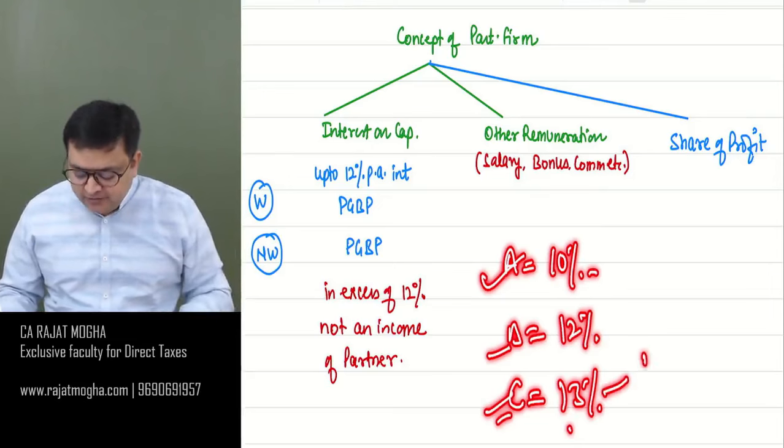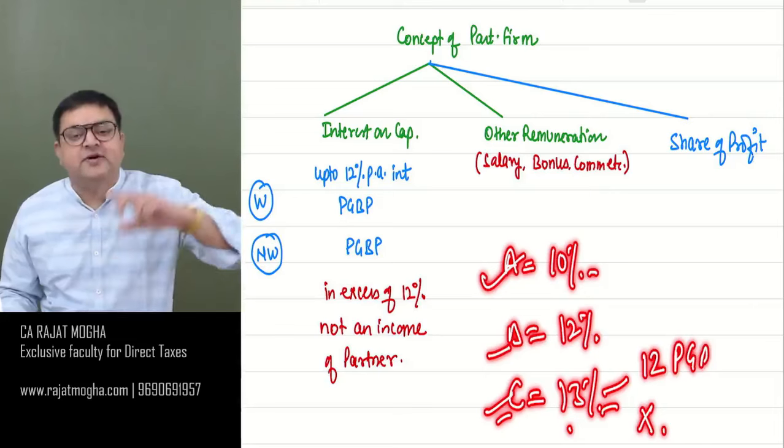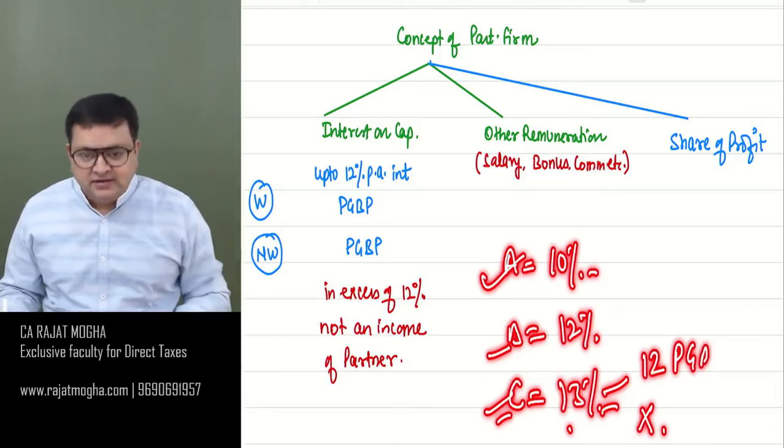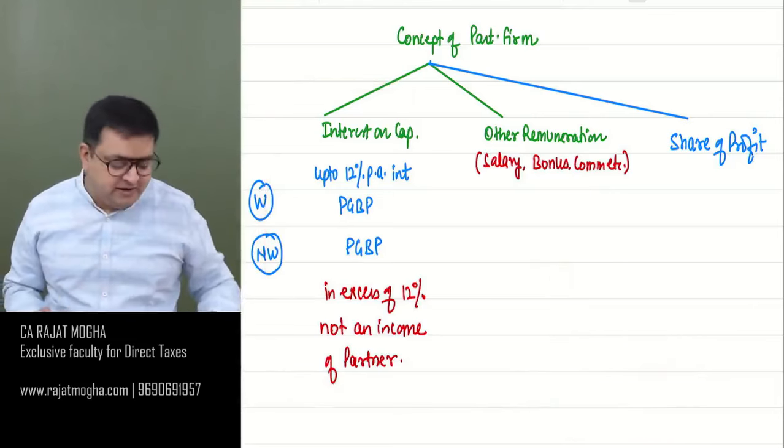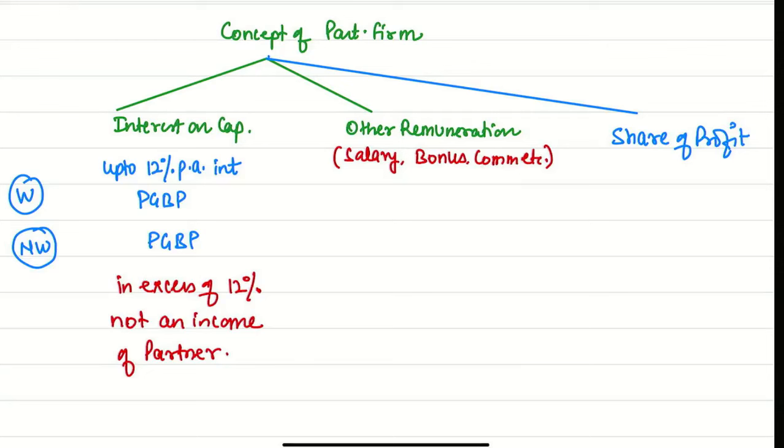So up till 12% is his PGBP. 1% he will not pay tax because his firm will pay tax. Correct? Everybody understood this also? Very good.